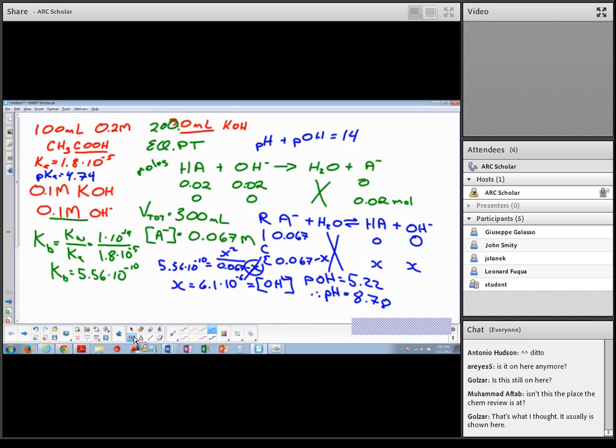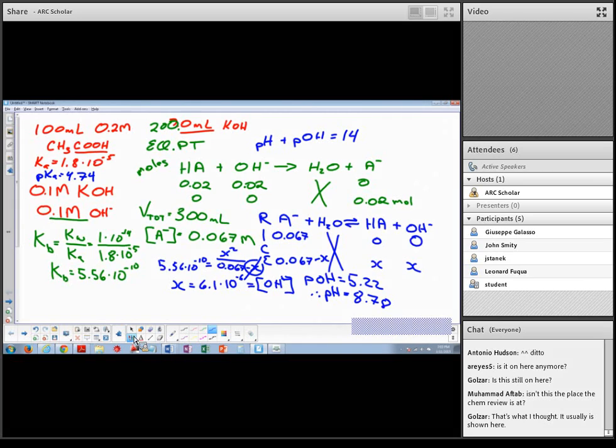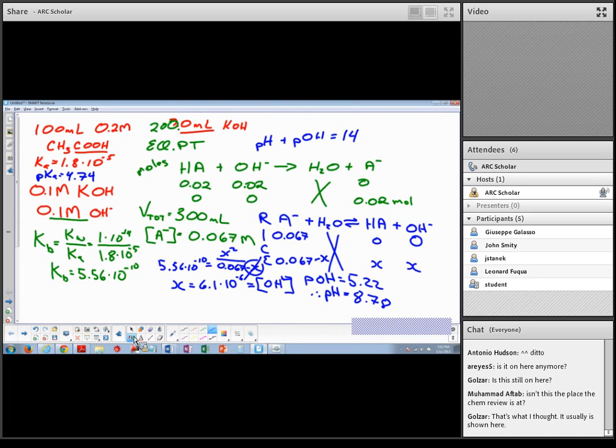Right, it's strong, so it's going to deprotonate water. Okay, and so by deprotonating water, that's why we had this reaction here. It forms OH minus. That OH minus pushes pH up. Right? Okay, and that's why we're getting 8.78 as our pH.